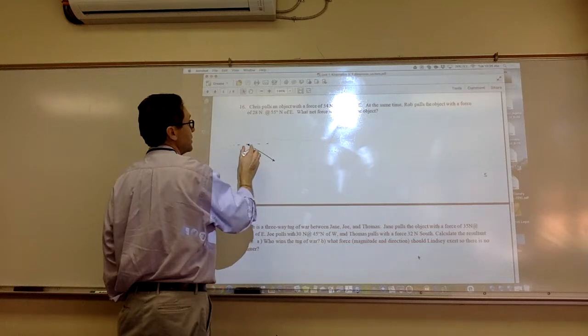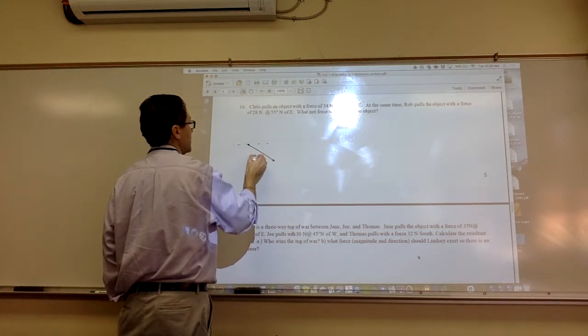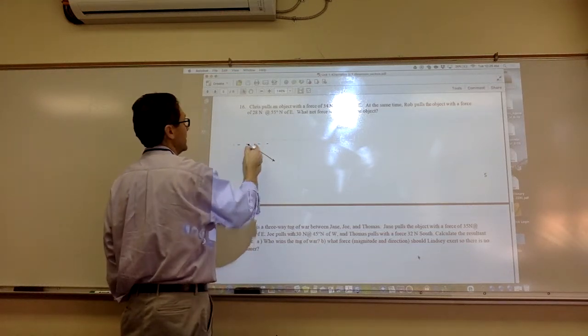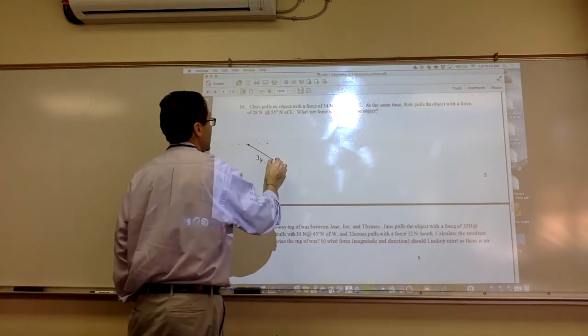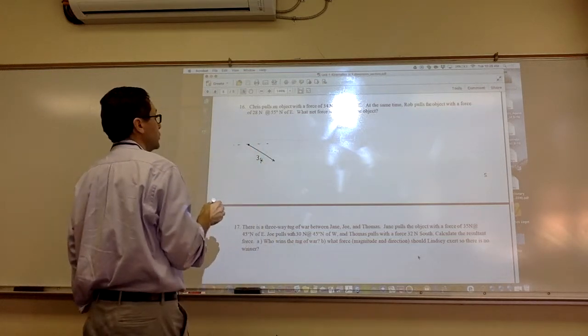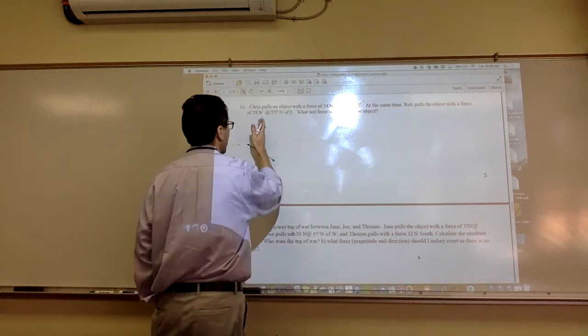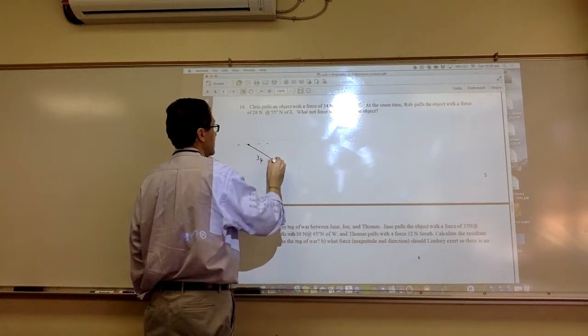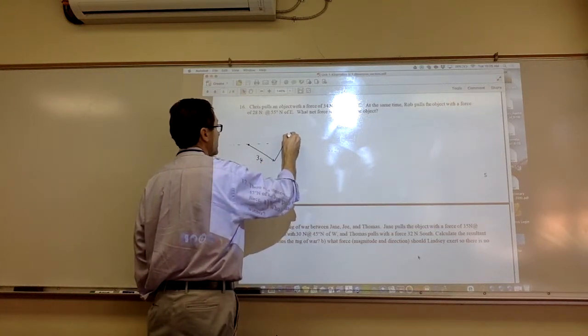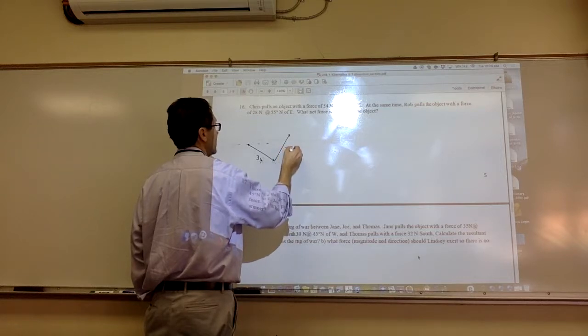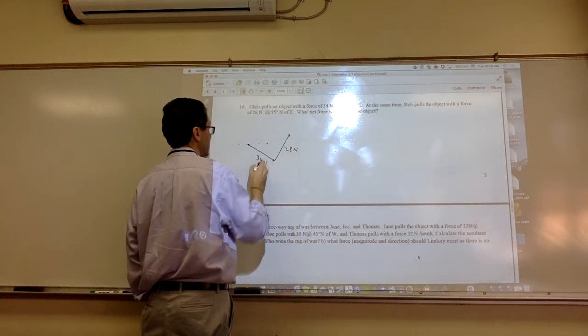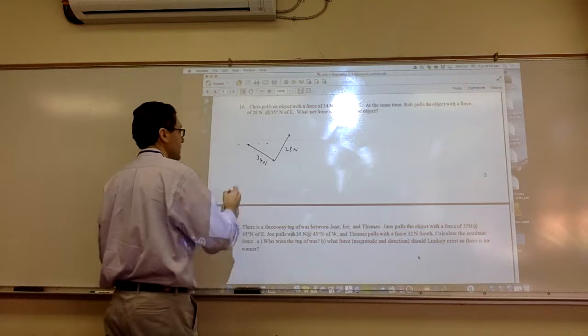I'm going to try to do this to scale as much as I can. So this is 34, and this angle here is 20. Then I come to the head here, and I do 28 newtons, but at 55. So it's a sharper angle. So I'm just going to say that's 28 newtons, right? My resultant is right here.